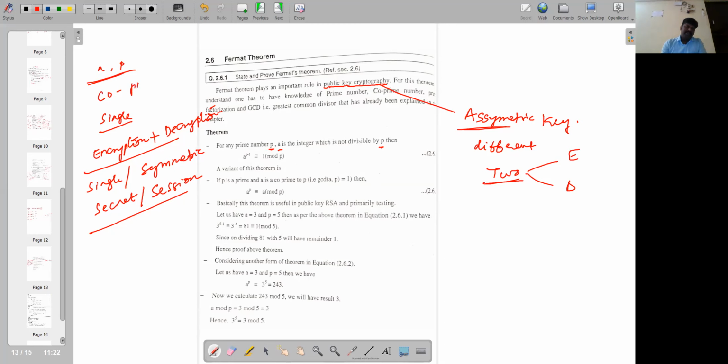co-prime or relatively prime. What are co-prime or relatively prime numbers? Anyone can unmute and say your answers. Are you all there?